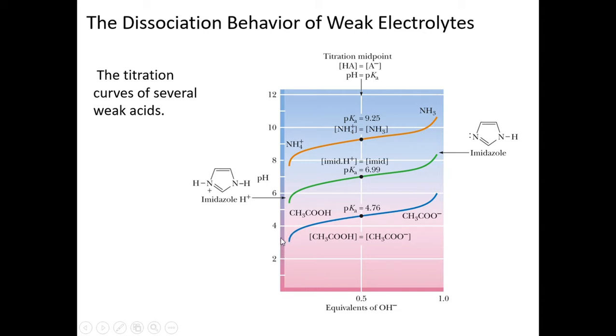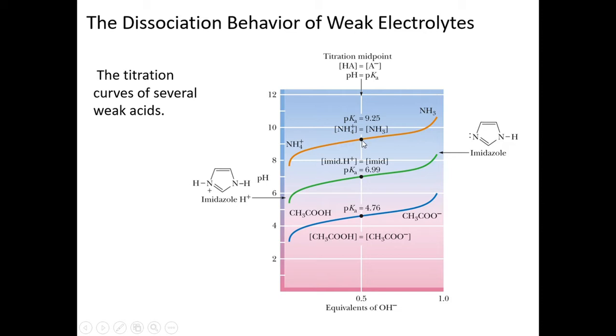So this is for this particular molecule. This is for the ammonium ion. As you add hydroxide ion, you're increasing the pH.